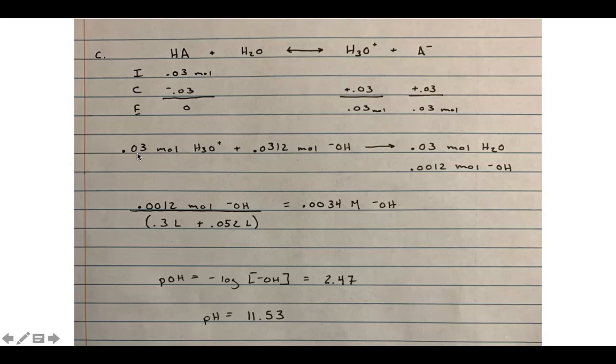So what happens is the 0.03 moles of hydronium and 0.0312 moles of hydroxide are going to react and make as much water as they physically can, right? So they're going to react and produce 0.03 moles of water. After they make that water, we will have no hydronium left over. All that hydronium will be used up to make water, but we will have an excess of 0.0012 moles of hydroxide.